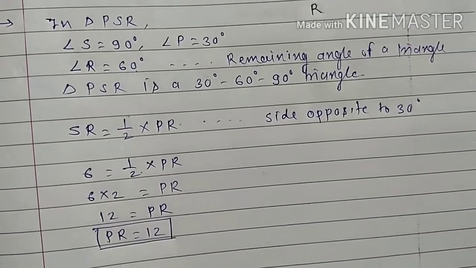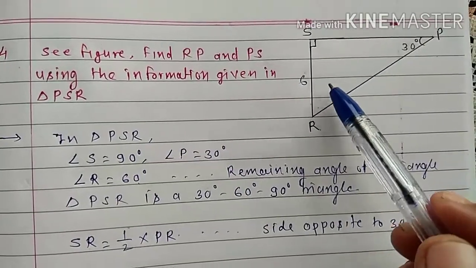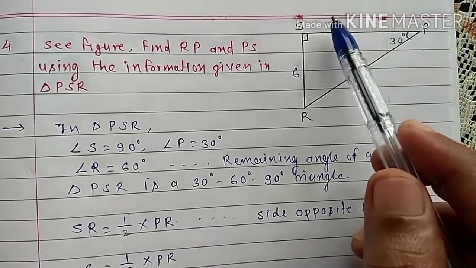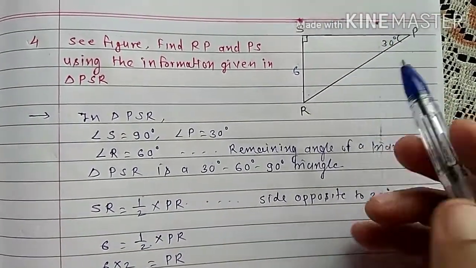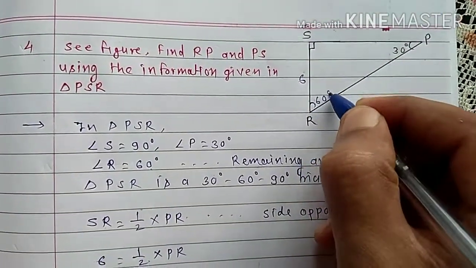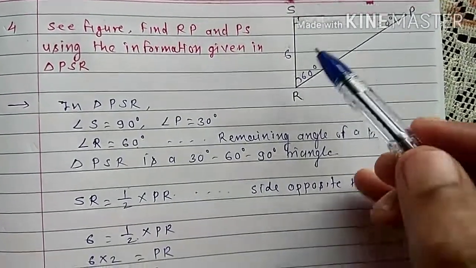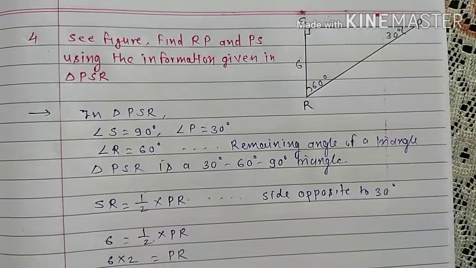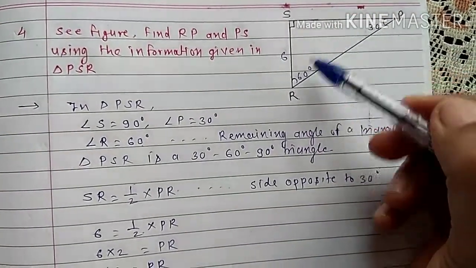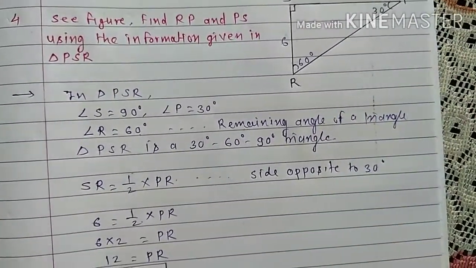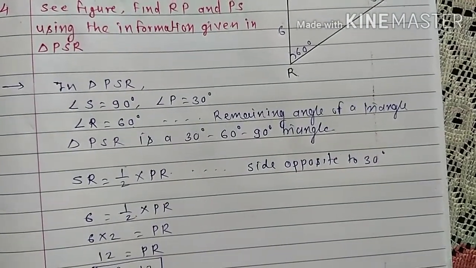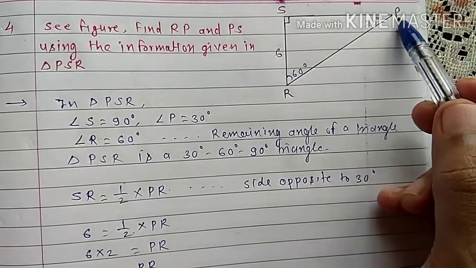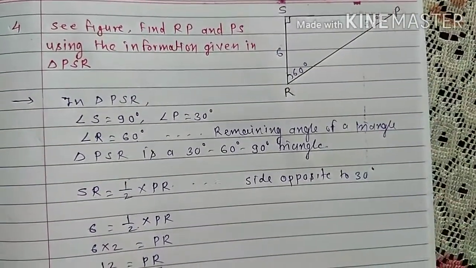PR is how much? 12. So next find PS. So PS, angle R is 60 degree. So PS is the side opposite to 60 degree. The side opposite to 60 degree is root 3 upon 2 into hypotenuse, and hypotenuse is PR.